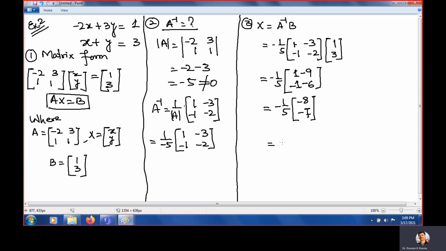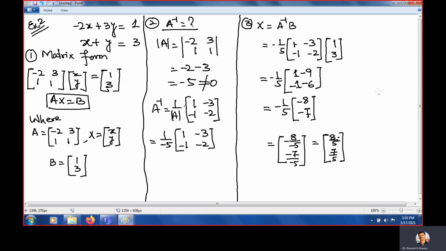If you will multiply it, what you are getting? It is minus 8 upon minus 5, minus 7 upon minus 5. So the negative negative cancelled, 8 upon 5 and 7 upon 5.